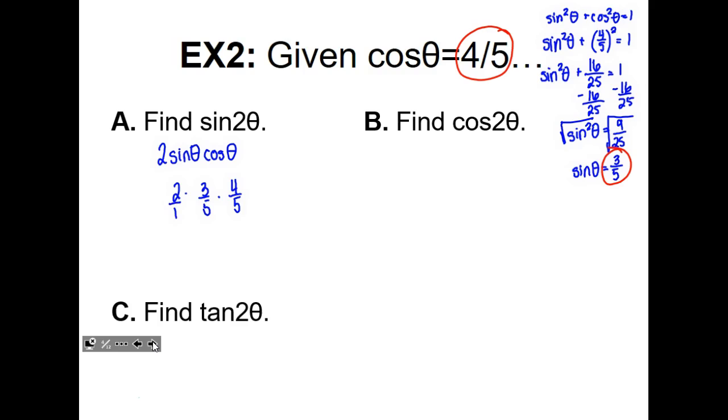And that 2 is like a 2 over 1. So we've got 2 times 3 times 4, which is going to give us 24. 1 times 5 times 5 is going to give us 25. So we get 24 over 25 for sine.